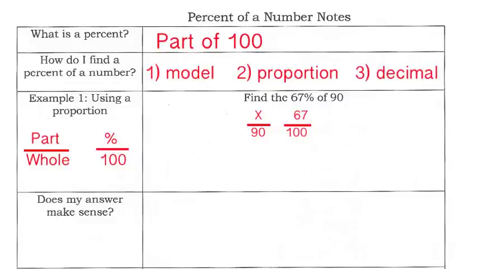So now we're going to solve. So we're going to cross multiply. X times 100 is equal to 100x, and then 90 times 67 is equal to 6,030.